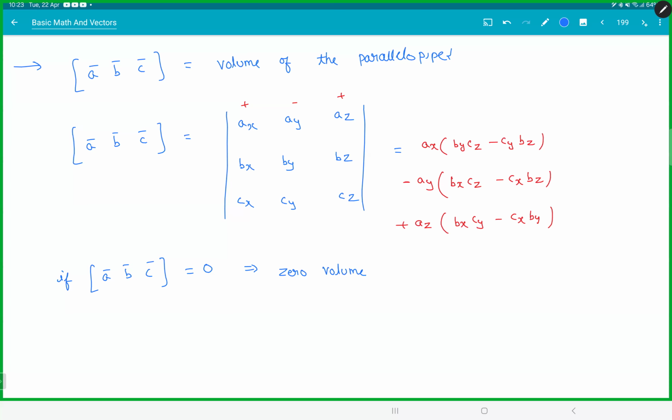For points, we call it collinear; for vectors, we call them coplanar vectors. So the vectors A bar, B bar, C bar are not forming a three-dimensional structure. You're not getting a box; you're getting a flat surface. These kinds of vectors are called coplanar vectors. So if they ask you to find the condition for three vectors to be coplanar, the box product is 0. That is the meaning of vectors in the same plane.